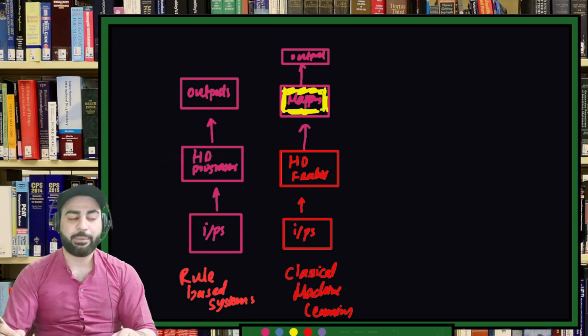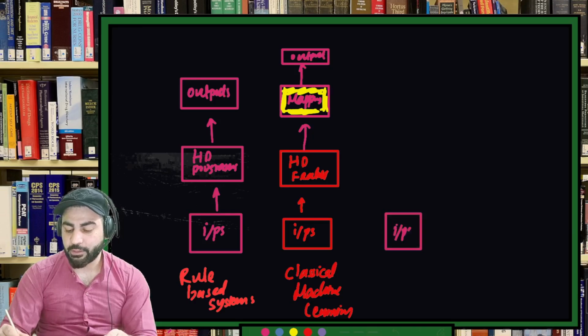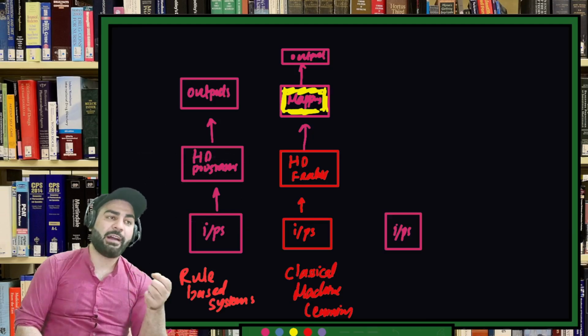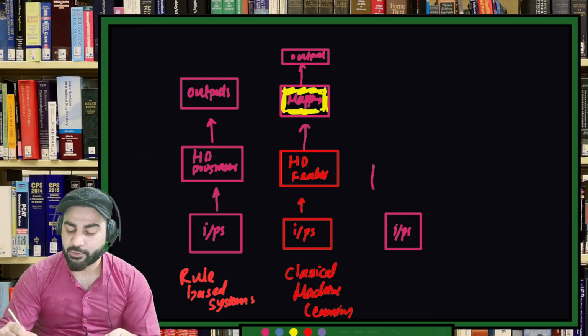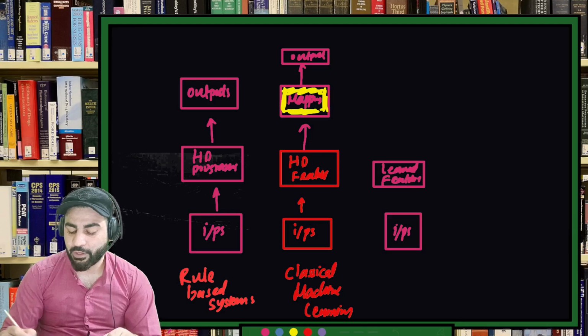Then in representational learning, we had the same inputs again. Now we did not have hand designed features. We learned these features, so I'll call them learned features. I'll create a border around them because they are learned.